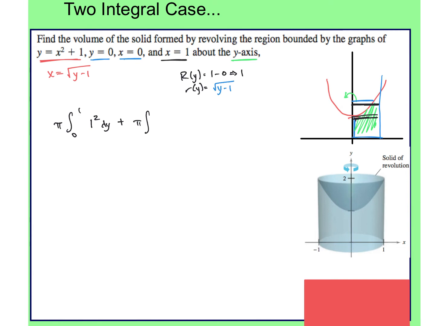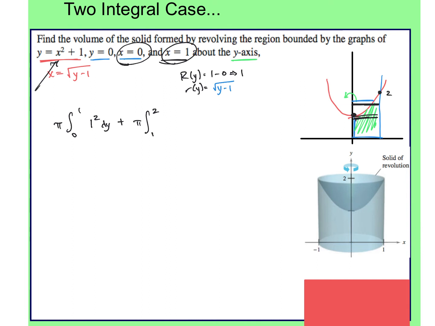So what are my limits? What's my lower limit here? 1. What's my upper limit? How did we get 2? We substituted in right here, because it's bounded by x equals 0 and x equals 1. If I substitute in 0, we get y equals 1.